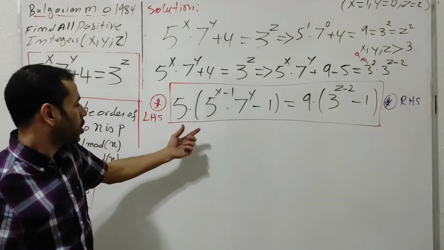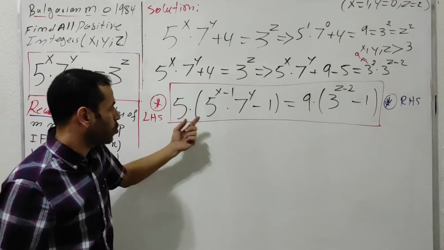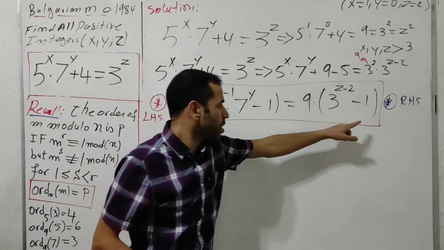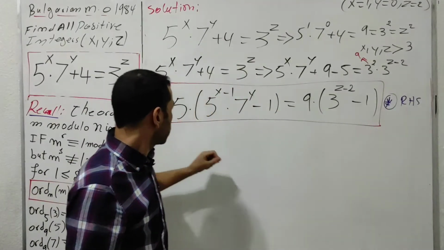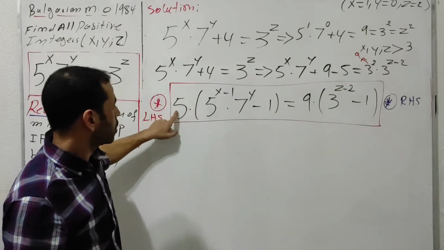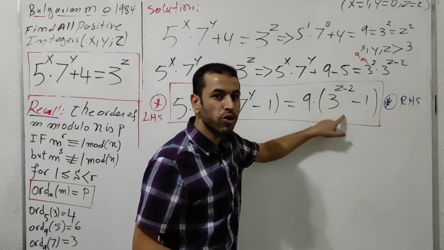Okay, if you take a look carefully at this equation, the left-hand side is a multiple of 5. Also the right-hand side is a multiple of 5 because we have equality. But 9 is not a multiple of 5. That means this term 3 to the z minus 2, minus 1, is a multiple of 5.